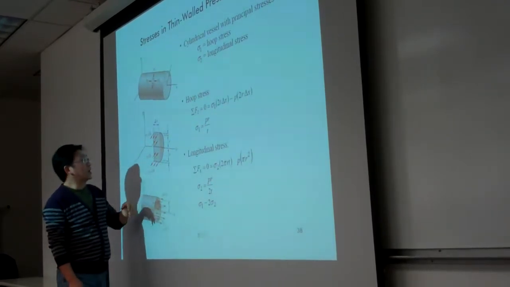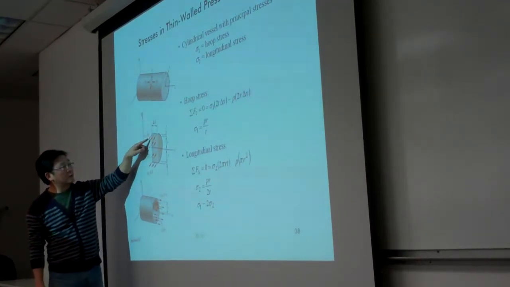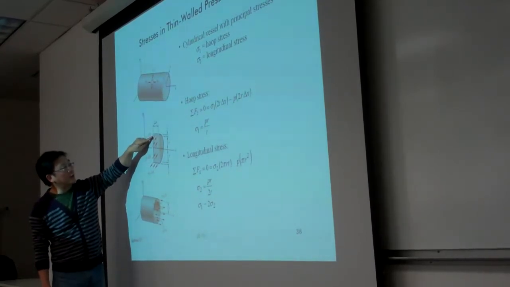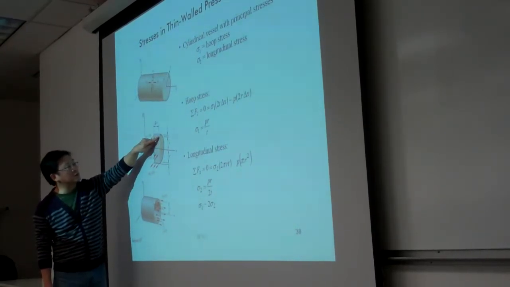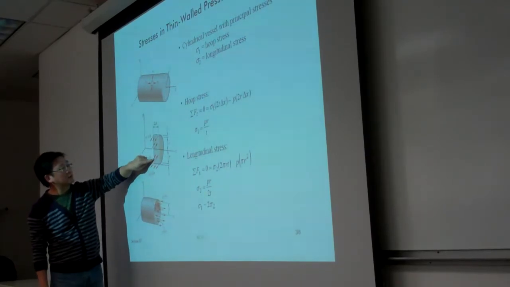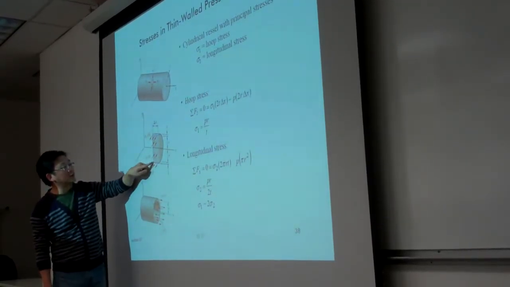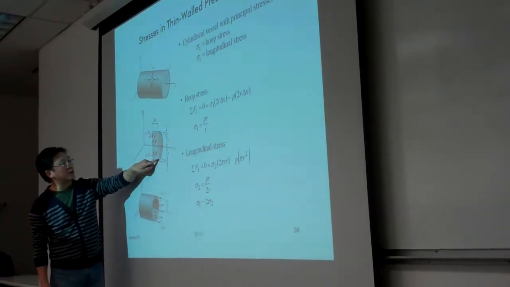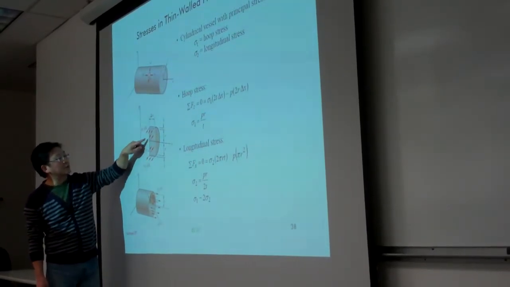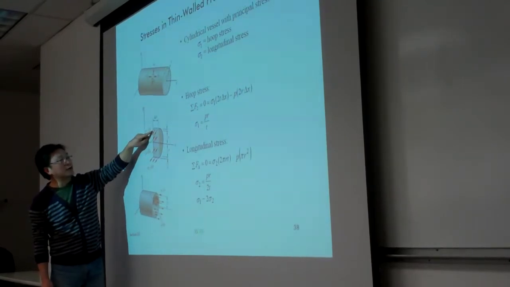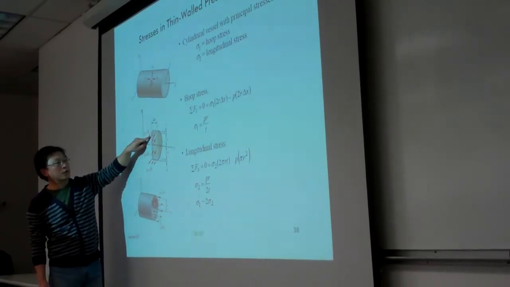This pressure is applied to this cross-sectional area, which one? The brown one. The brown one is this rectangle, which has the width equal to delta x and the length equal to 2r, where r is the internal radius.